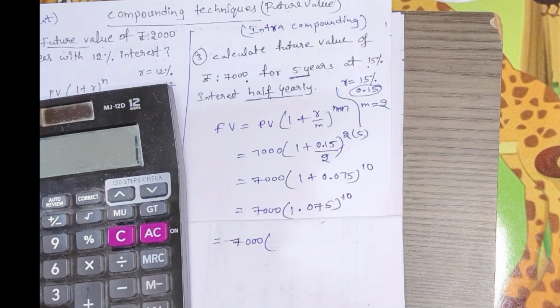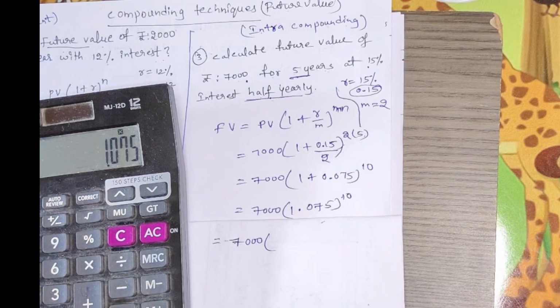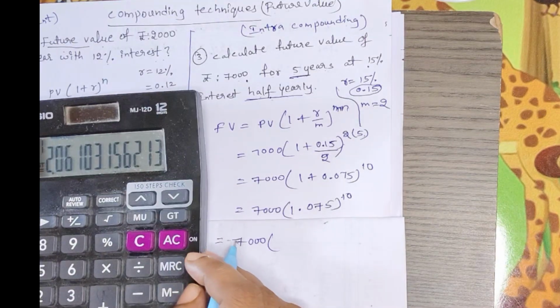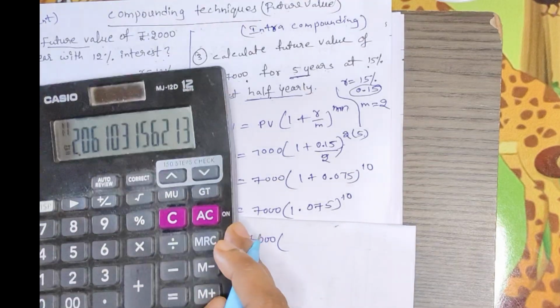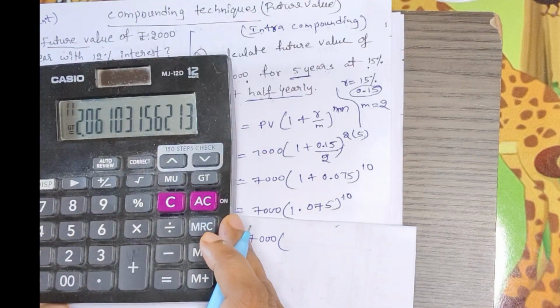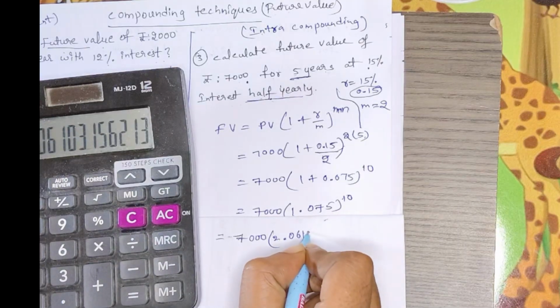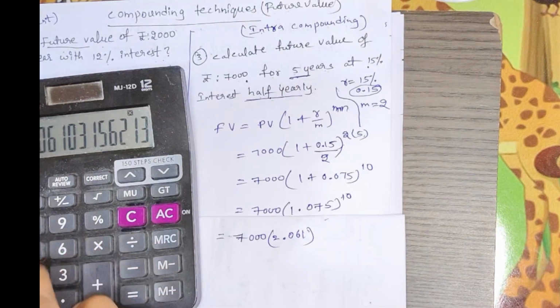On the calculator, press the equals symbol 10 times. Okay, see what is the value? 2.061. So multiply with 7,000.